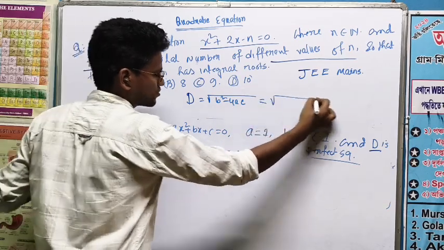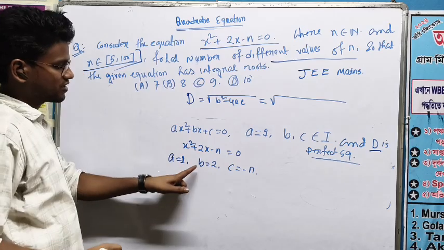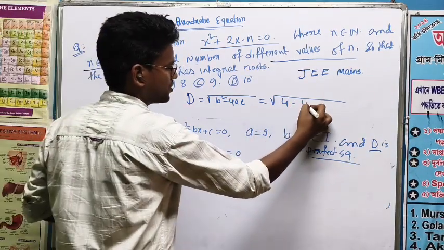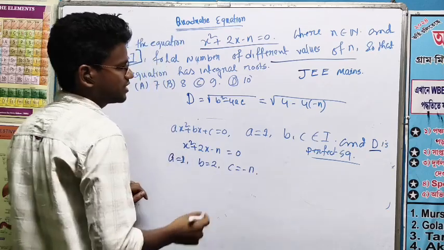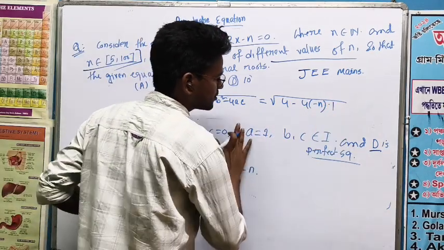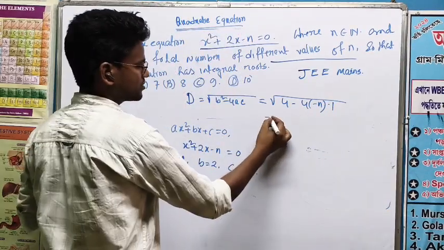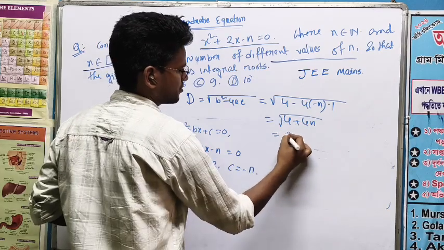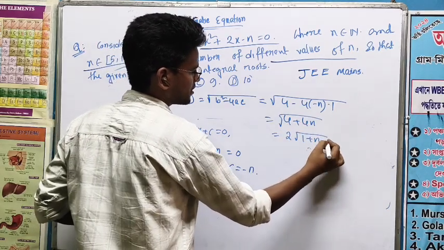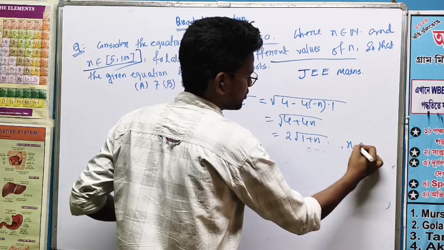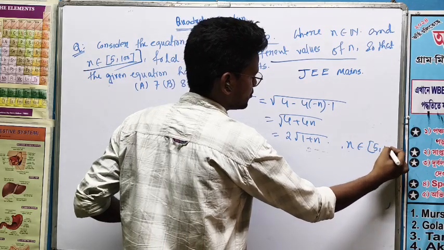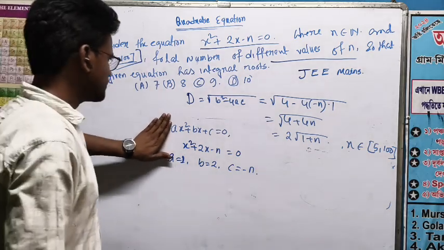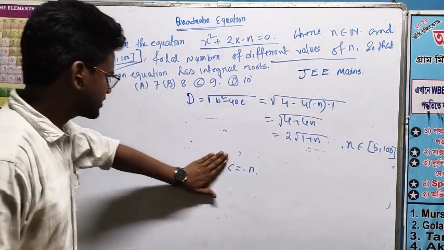So b square is 4, and this is 4 into minus n into 1, so it is 4 plus 4n, which is 2 root of 1 plus n, where n belongs to 5 to 100.